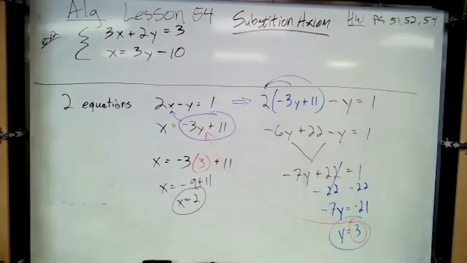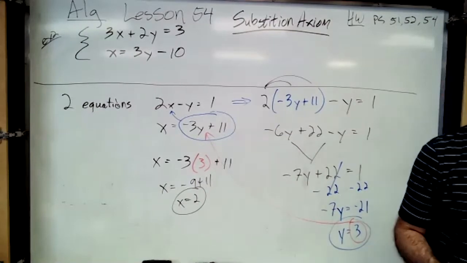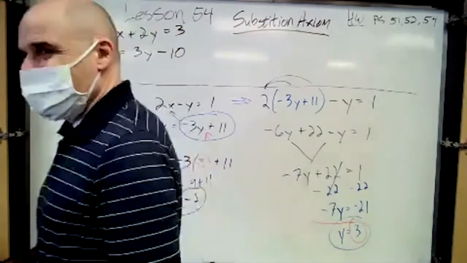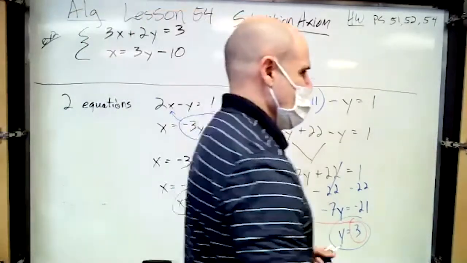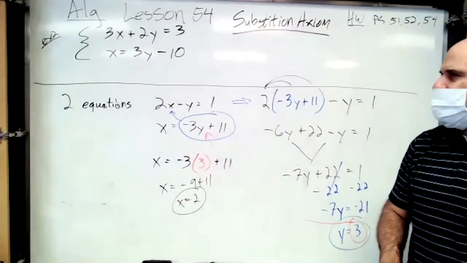It doesn't say x equals 2 or x equals 3, but it does say x equals 3y minus 10. So 3y minus 10, according to the substitution axiom, can be substituted in at any time for x. So rewrite that top equation. I'll be right behind you.